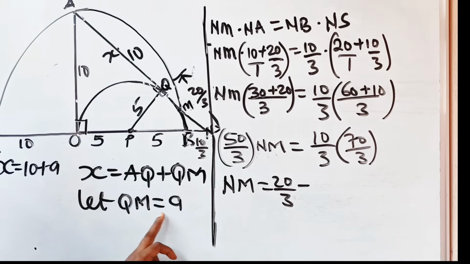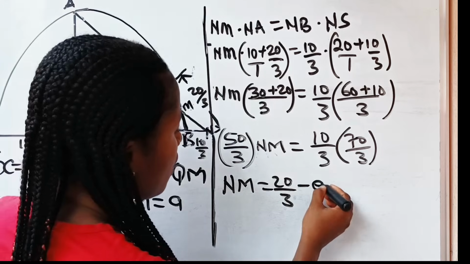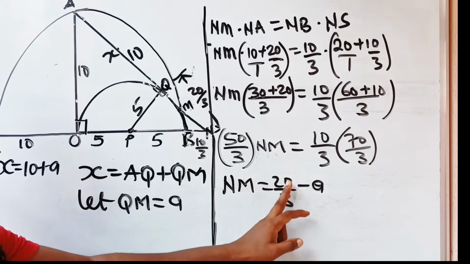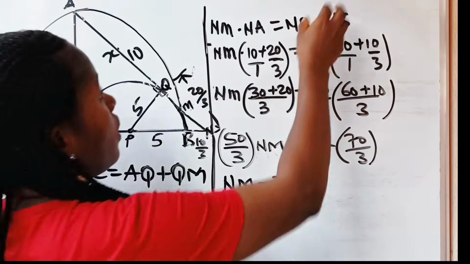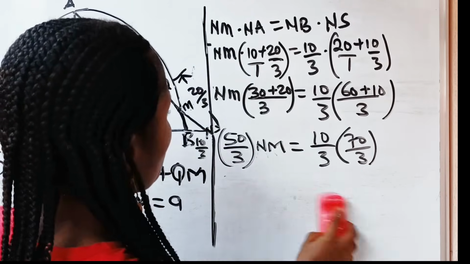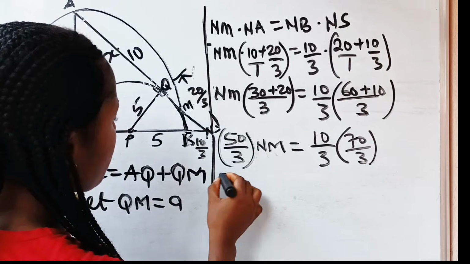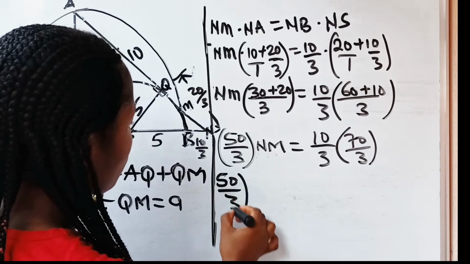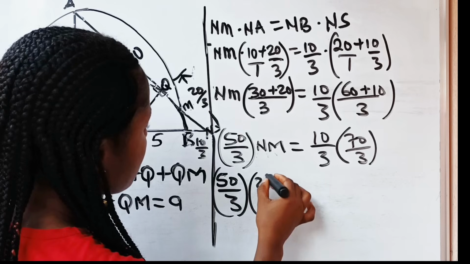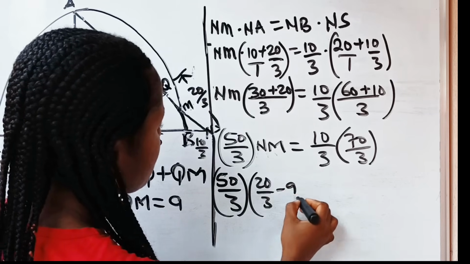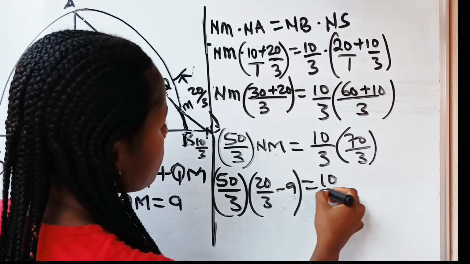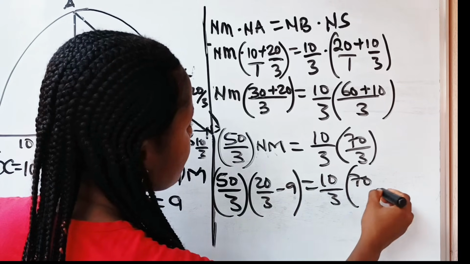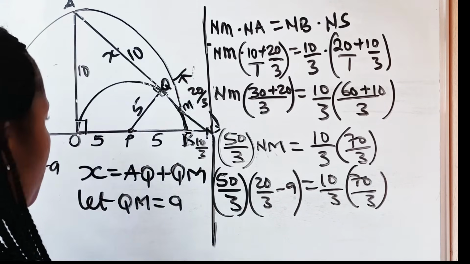And remember that QM is what we are looking for, which is A. So I'm going to replace NM with 20 over 3 minus A, so that we bring A into the equation. So we now have 50 over 3 multiplied by 20 over 3 minus A, all right, is equal to 10 over 3 multiplied by 70 over 3.